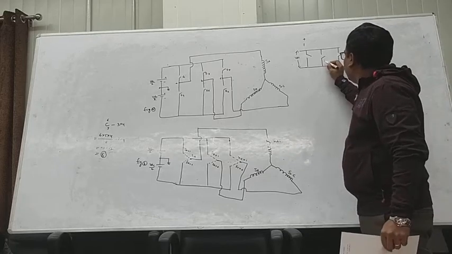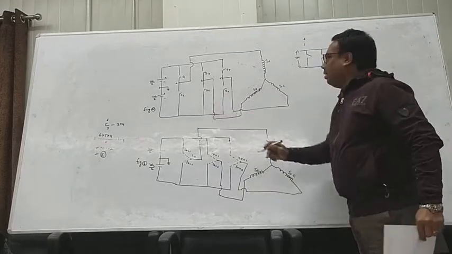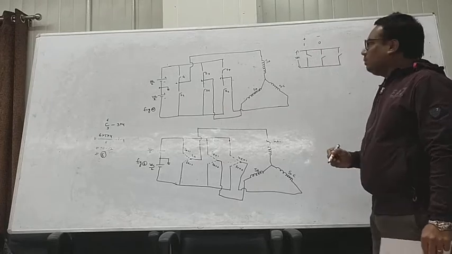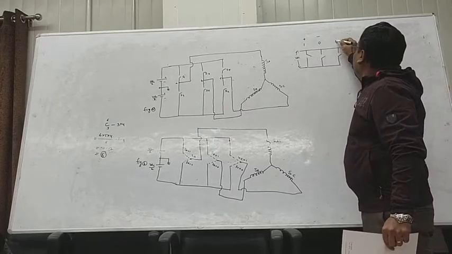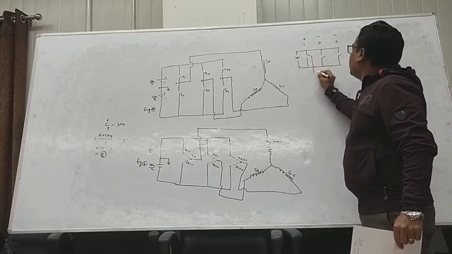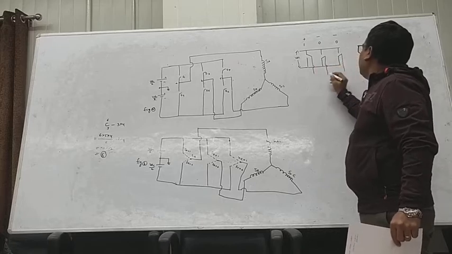Suppose the bottom switch is connected, this switch S6 is turned on, then it is 0, which means minus. Here also the bottom switch is turned on, so it is also 0, also minus. This is connected to phase A, B phase and C phase.